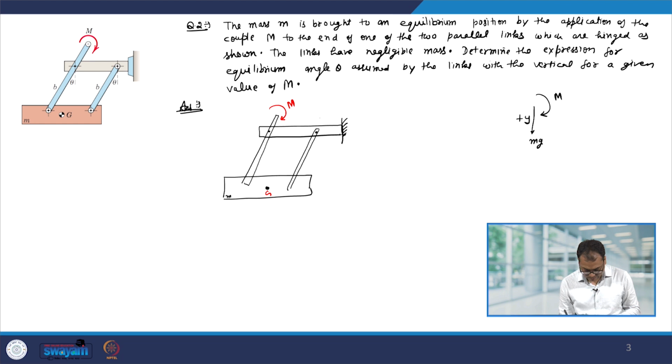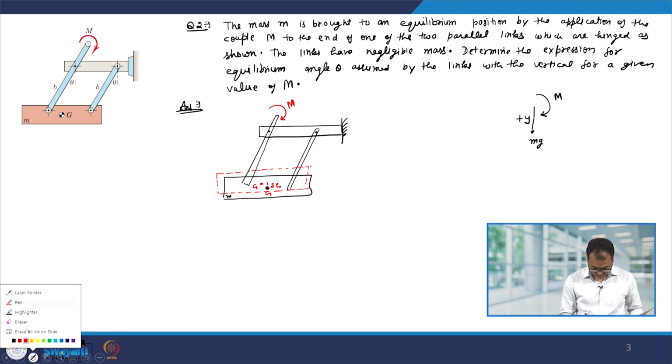So, earlier let us say it is here and the g is going to go there, and let us say this is delta h. And because of the mass m, you can assume the infinitesimal virtual displacement to go down.